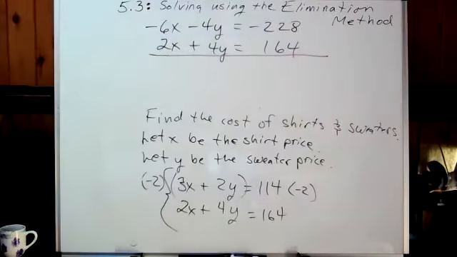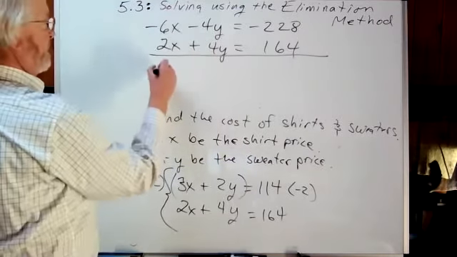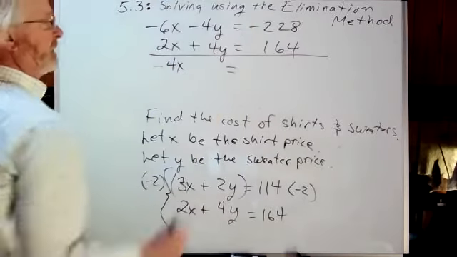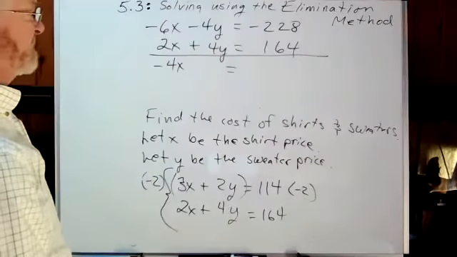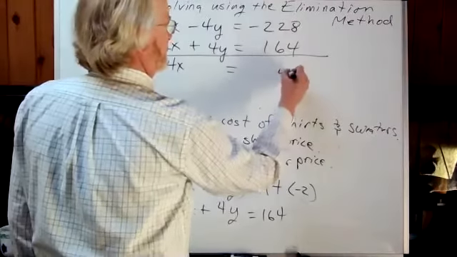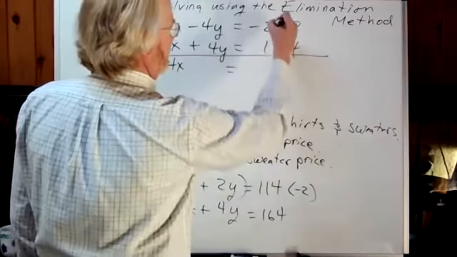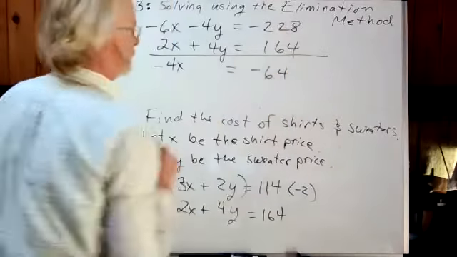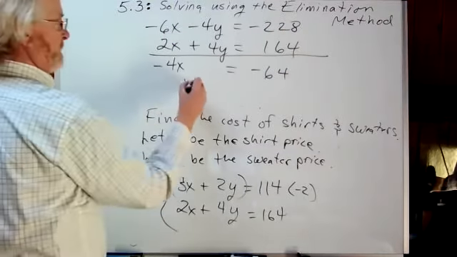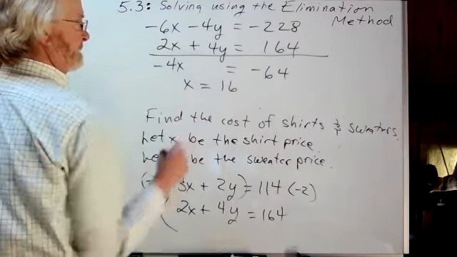And that elimination method is going to work there for the y's to be eliminated. Negative 4x equals, this better be negative, right? Is that another 64? Let's see. 4 and yeah, negative 64. Divide by the negative 4, 16.